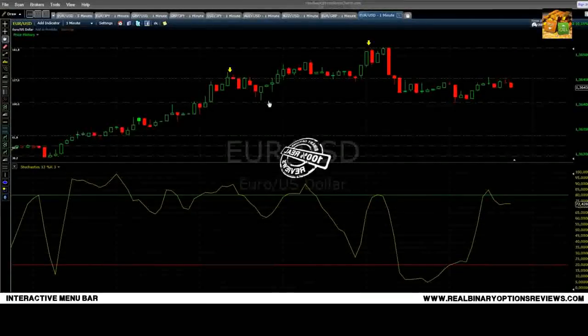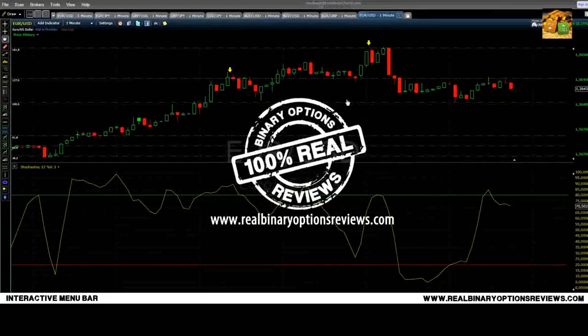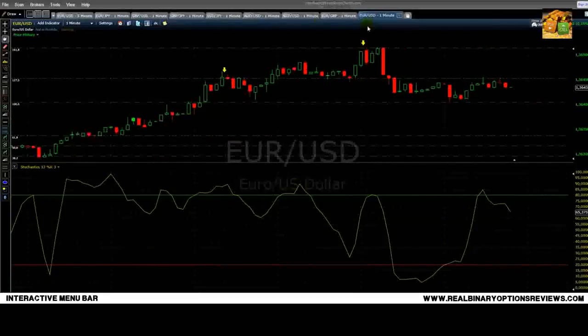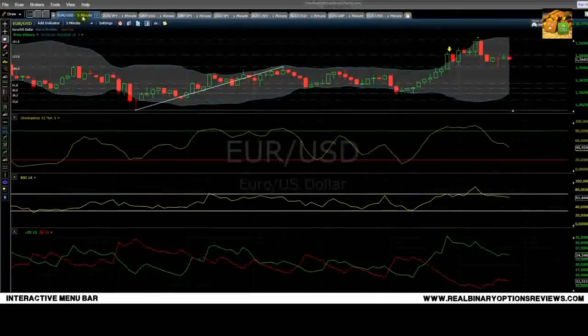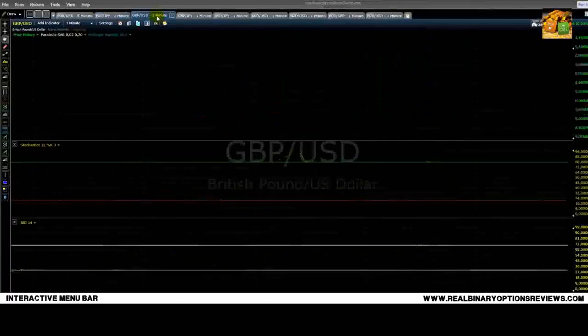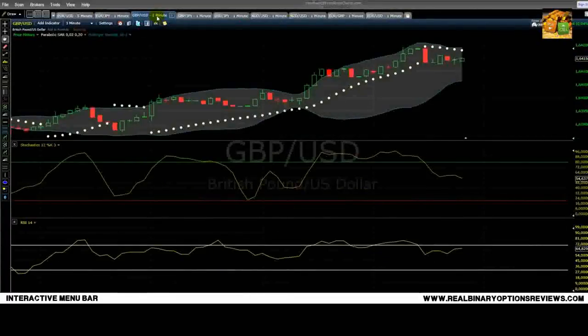So let me see if I can find a situation where I can use the Fibonacci tool, let's say together with the stochastic indicator. So I'm going to open some of these charts. And Fibonacci tool basically works best in the trending markets.